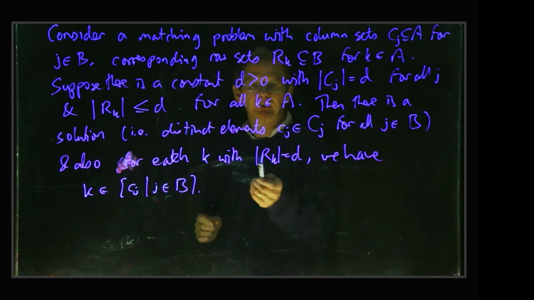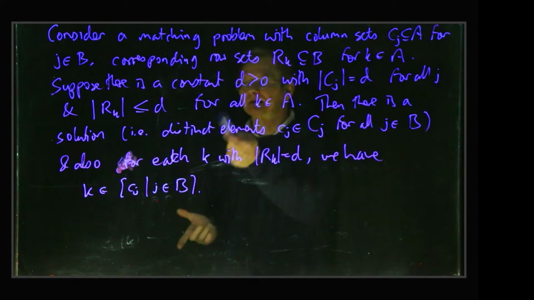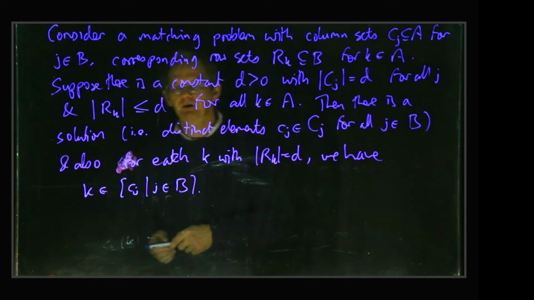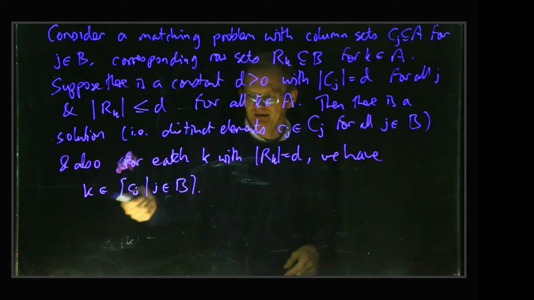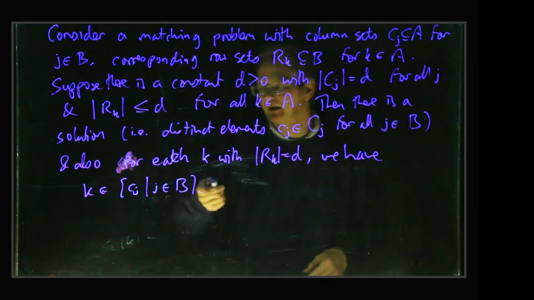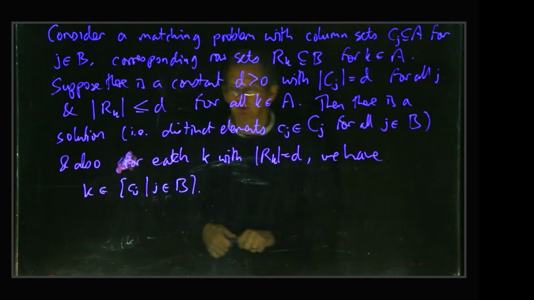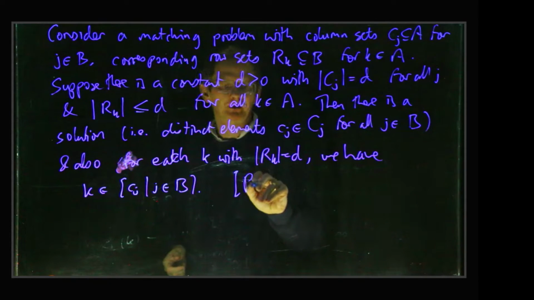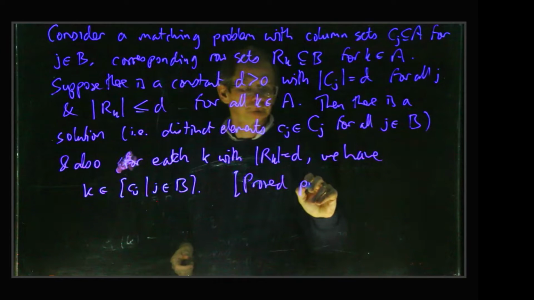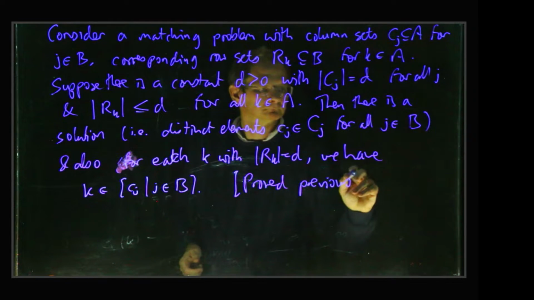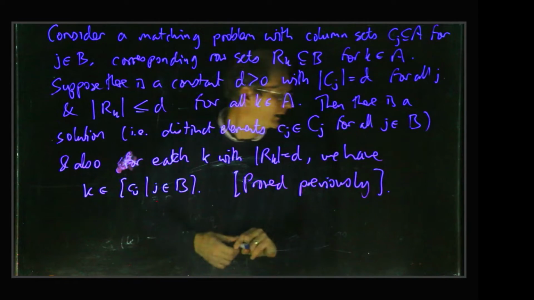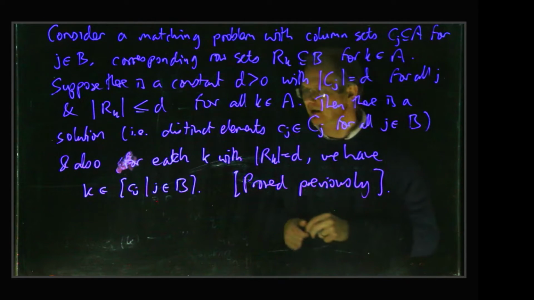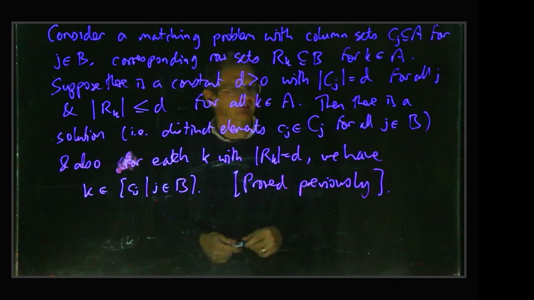If k is an element of A with size of R_k equal to d, corresponding to a talented person, then k is in the set of assigned things. Okay, so that was a fact that we proved previously. That's going to be a key ingredient in the induction step for this Latin rectangle extension.